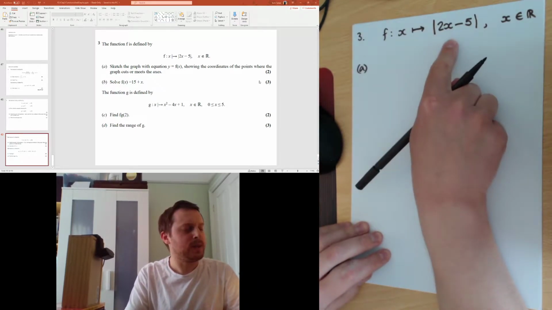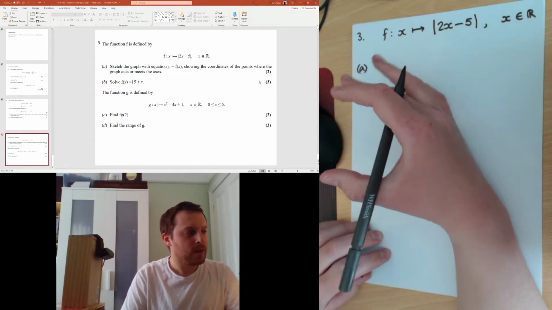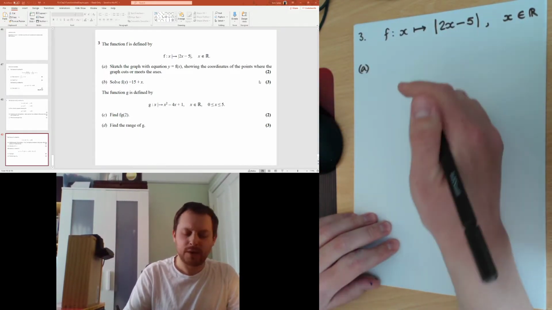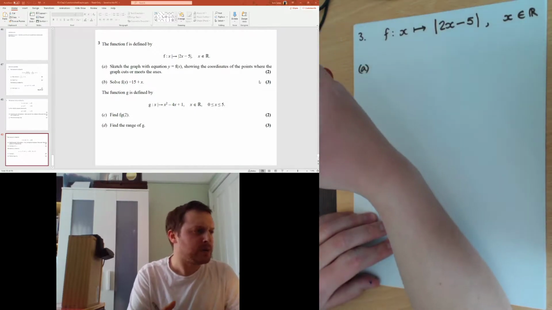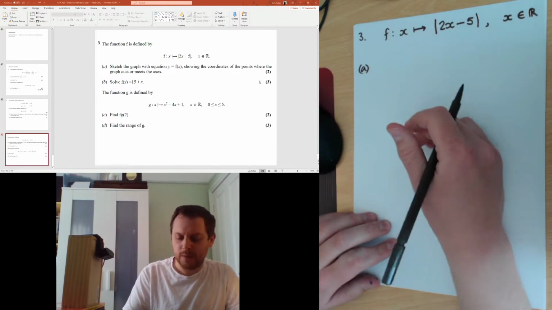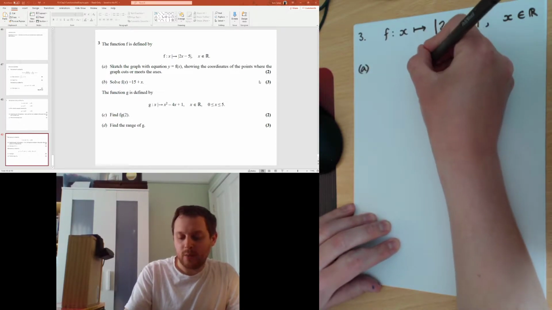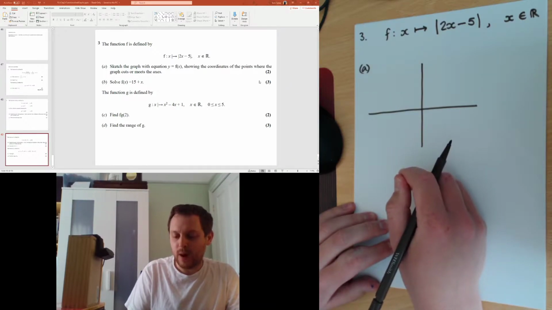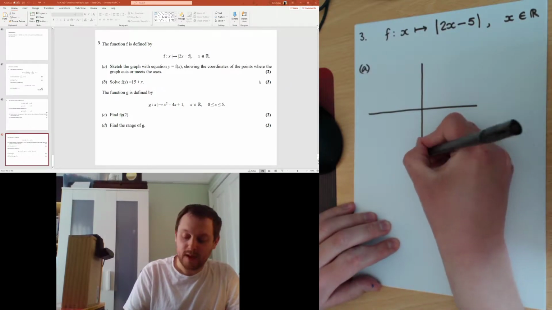But for something as simple as this, the approach I'm about to show you should work just fine. And the approach that I'm about to show you does kind of work in general, but you have to be quite careful.